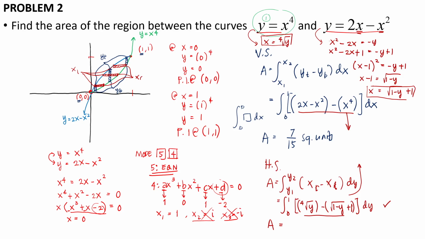That's why when you solve problems later, it's better to observe which strip is better to use, because you also need to help your calculator a bit in getting the answer quickly. It doesn't have an answer yet, so let's hope that the answer is 7 over 15 square units. As of the moment, my calculator is still loading.